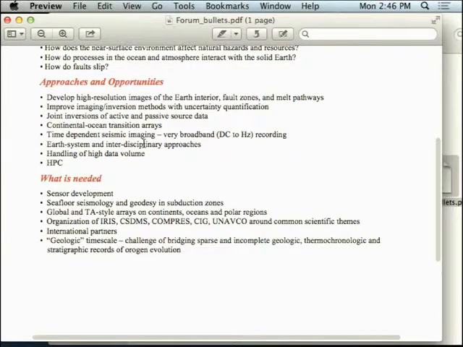A dozen states have already adopted this, and there are 24 other states that are in the process of adopting it. So this creates a tremendous opportunity for us to get our science in forms that could be integrated into classrooms.